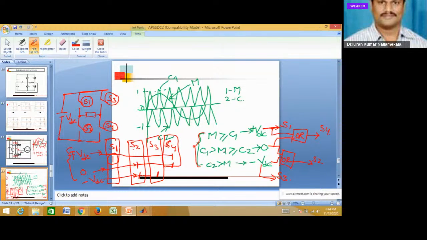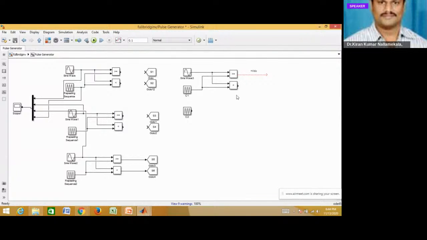That means the modulating signal should be less than the first carrier wave and greater than or equal to the second carrier wave. Both should happen. This is not an OR operation. Both should happen, hence it is an AND operation.